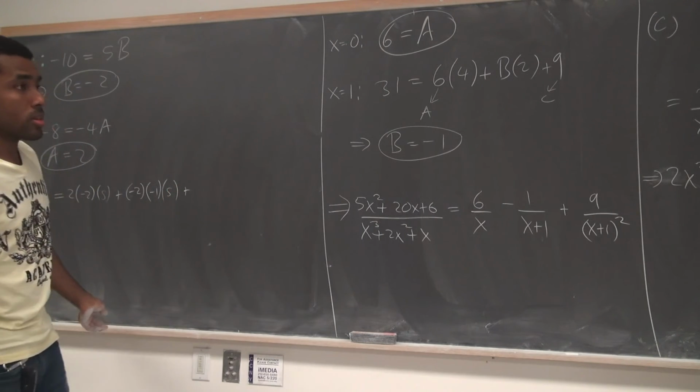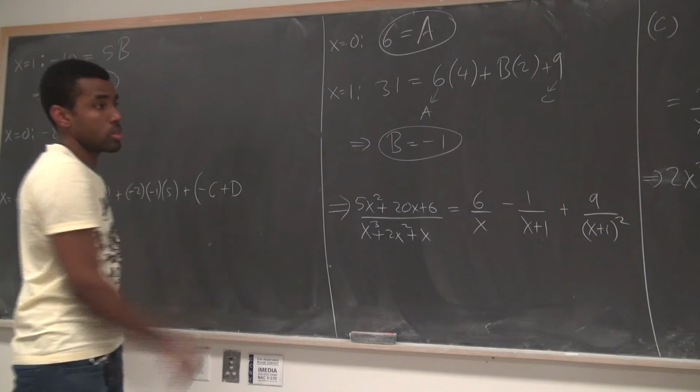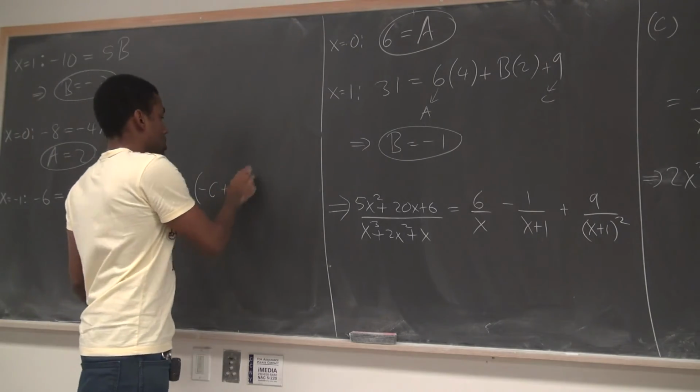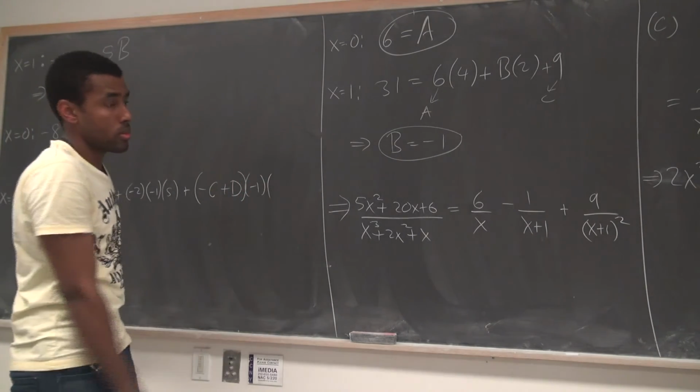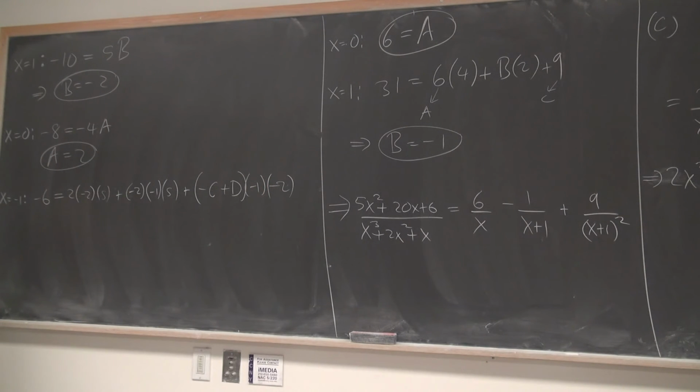Plus minus c plus d times minus 1 times minus 2. Right? So 4 equals negative c. Okay, never mind.